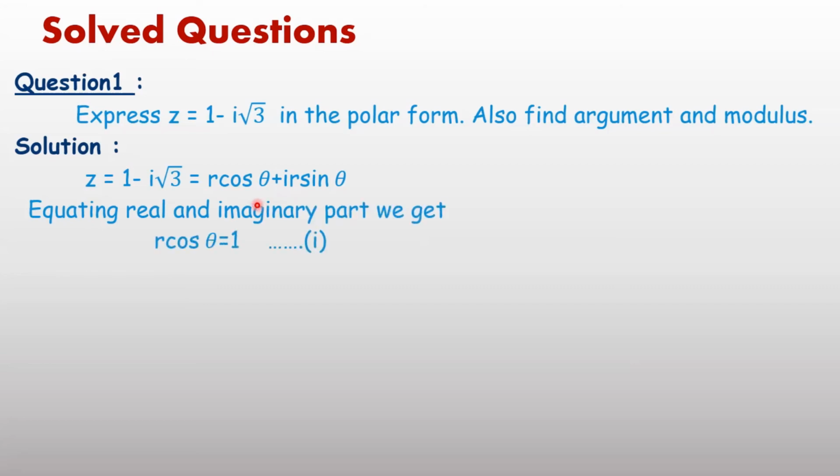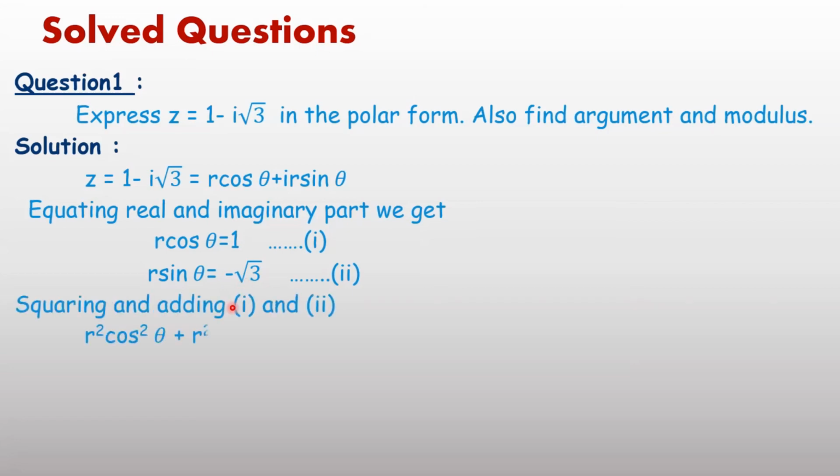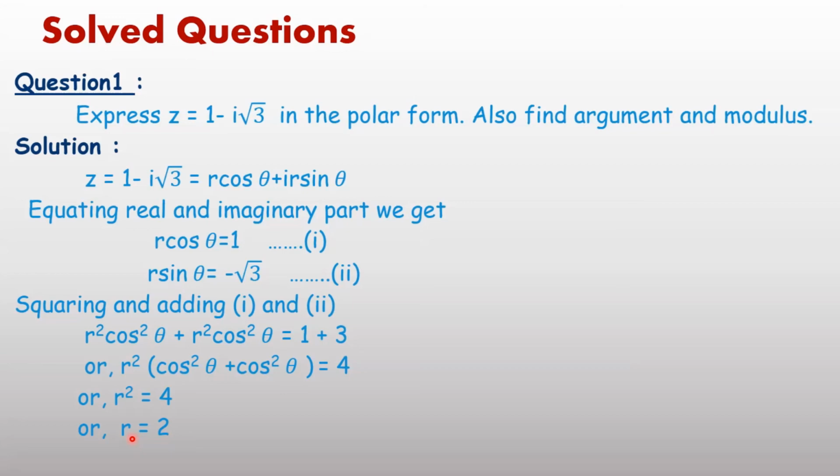You will get r cos theta equal to 1 and r sin theta equal to minus root 3. Square and add them. You will get the value of r: r square equal to 4 and r equal to 2. Here r means modulus of the complex number. Therefore modulus of z is r equal to mod z equal to 2.